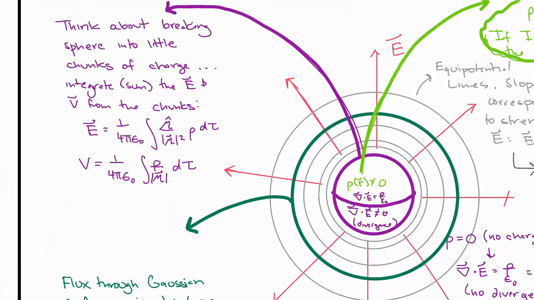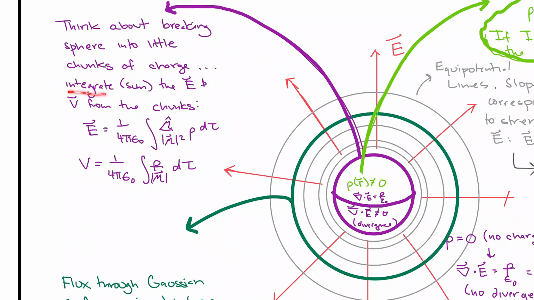Okay, but here we've got a sphere, and I can think about what is one way I could calculate the electric field from this kind of spherical charge distribution, or any other continuous charge distribution? Well, in order to do that, I want to think about breaking the sphere into little chunks of charge.